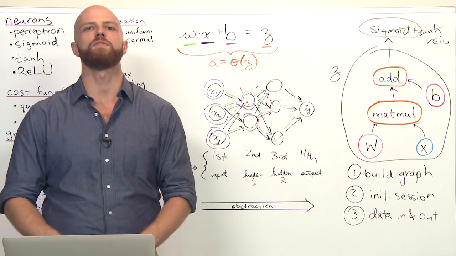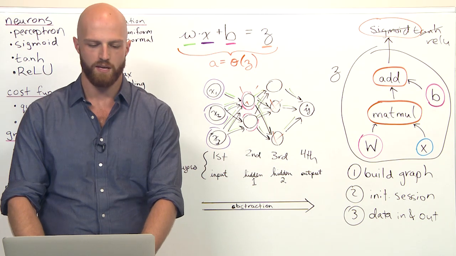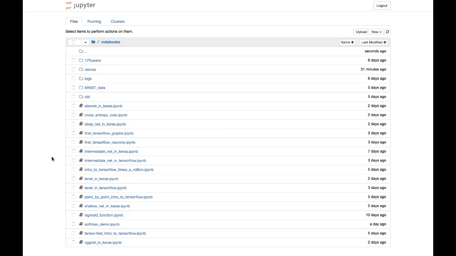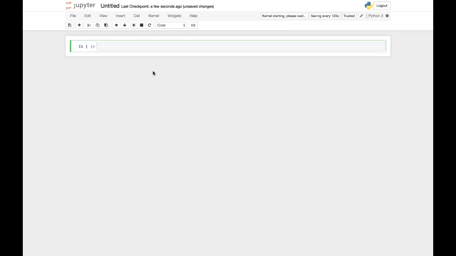So we're going to visit our old intermediate net friend in MNIST, and we're going to convert it into TensorFlow. I already have this notebook ready for you if you want to follow along. It's this intermediate net in TensorFlow, or you can build it alongside me freshly here.